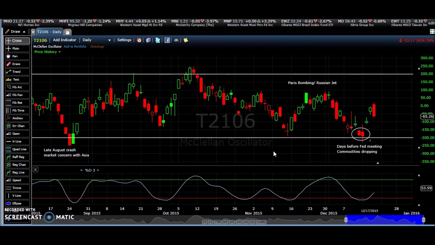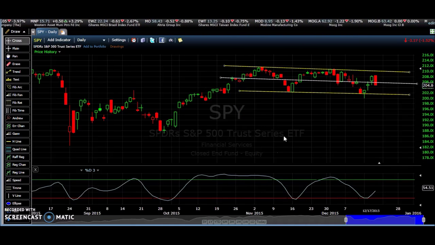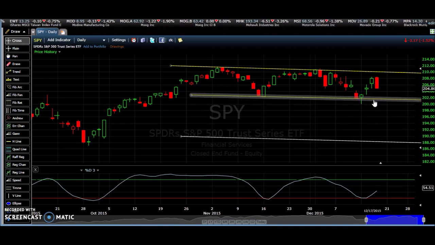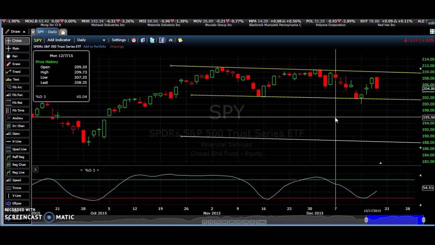So how can we use this data from the McClellan Oscillator? How I use it is via SPY contracts. And once again, on freestockcharts.com, just type in SPY. You'll come to the SPY chart, and I have this generally marked up with technical analysis and everything. As you can see, we're in a descending channel right now.